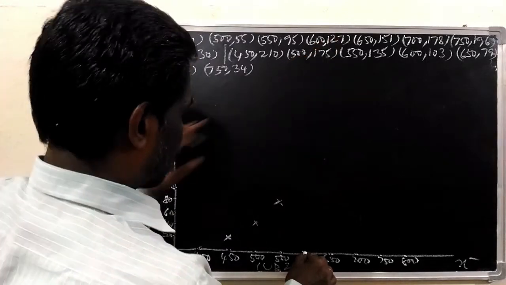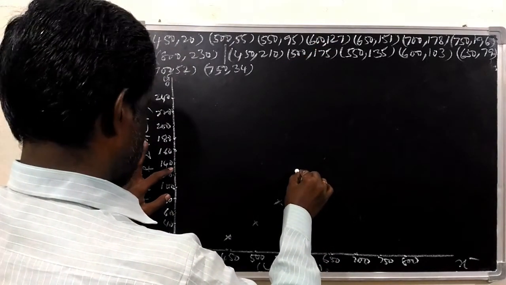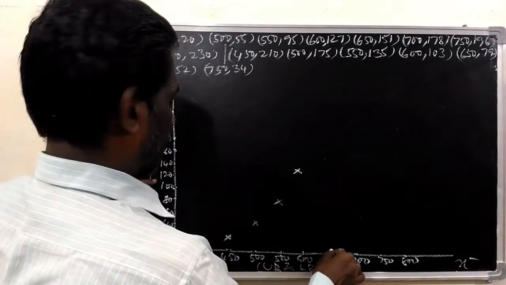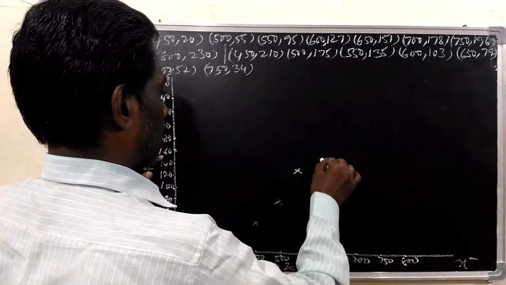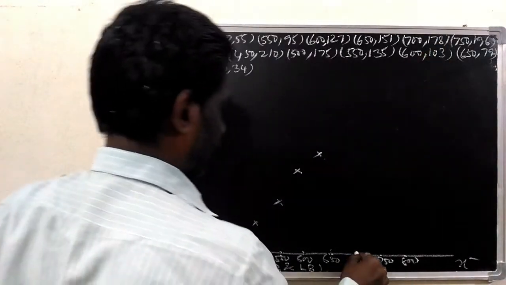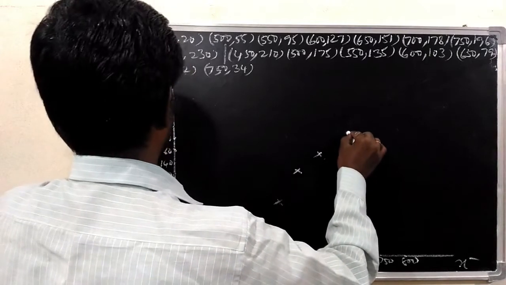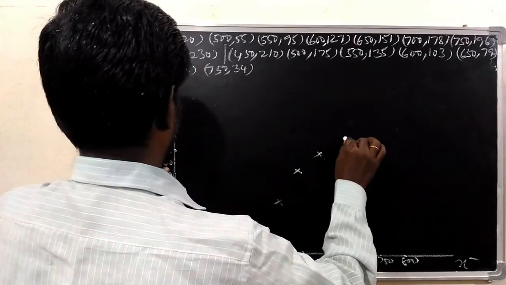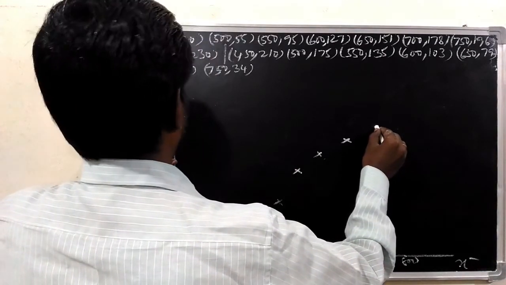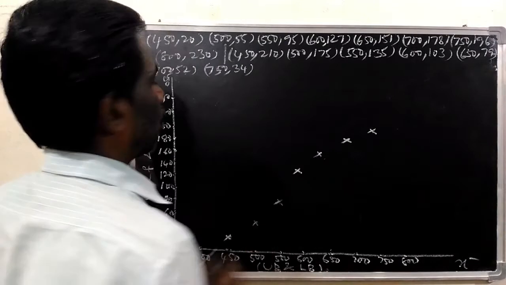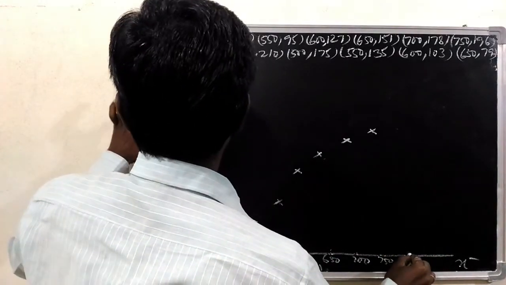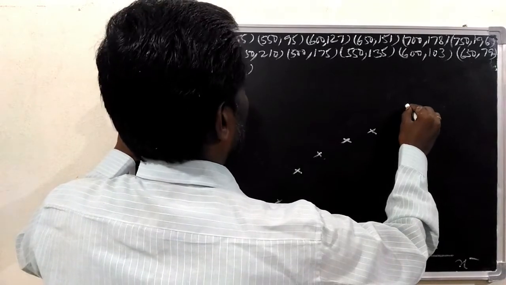Next 600 comma 127. 650 comma 151, which is below 160. 700 comma 178, which is below 180. 750 comma 196, which is below 200. 800 comma 230, so 230 is below 240.